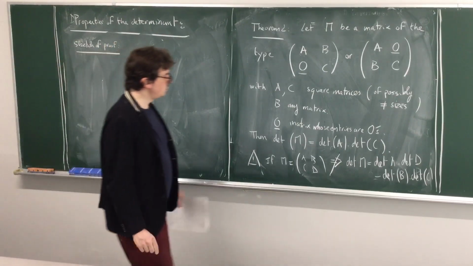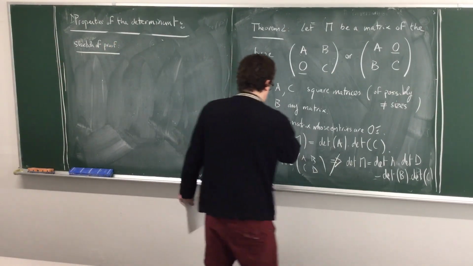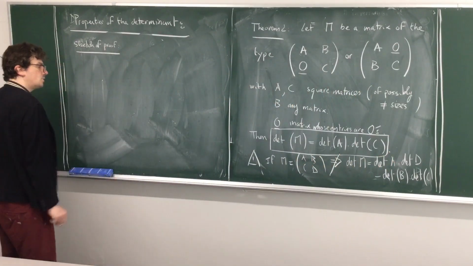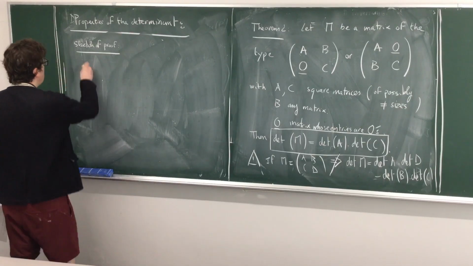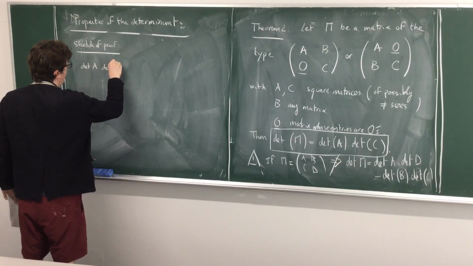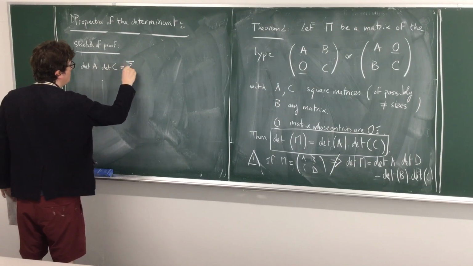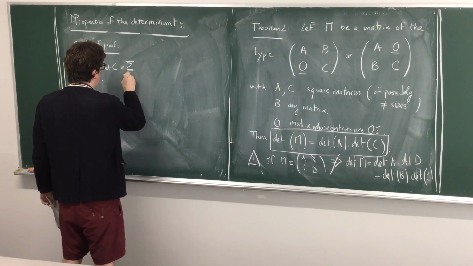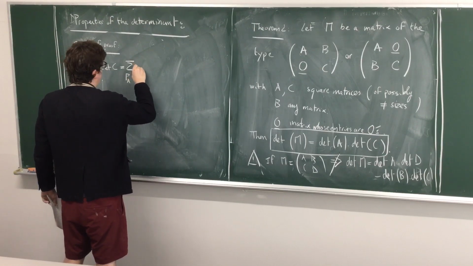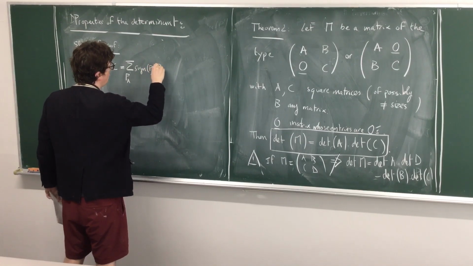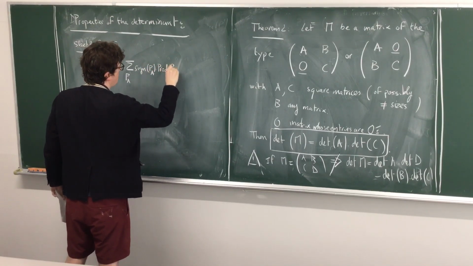Okay, so first of all, we want to prove this formula, right? If you look at the right hand side of this formula, you get det of A times det of C. By definition of the determinant, this is the summation over patterns PA of the sign of PA times the product of PA.